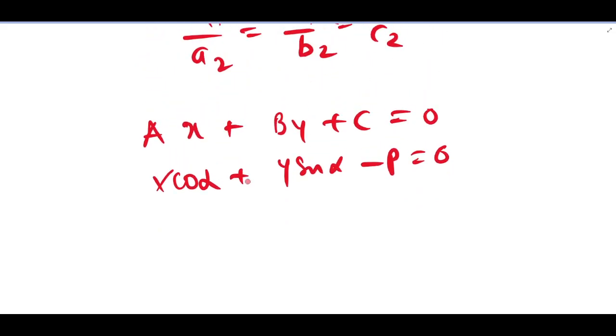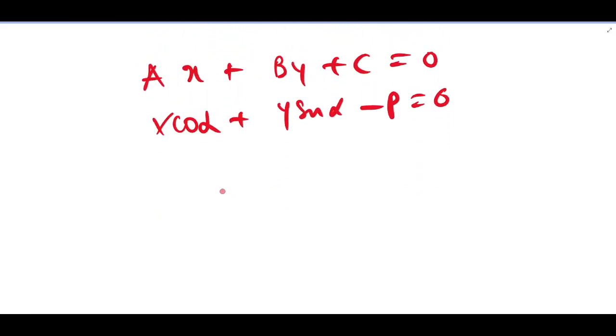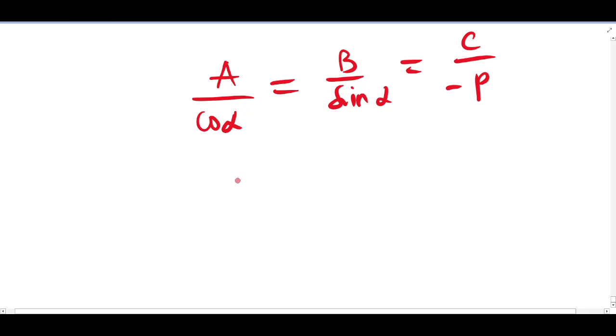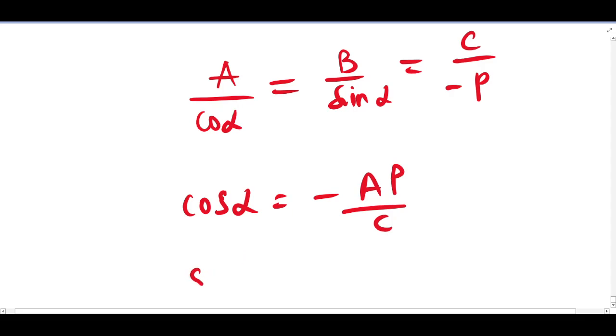From the above condition, we can get a by cos alpha is equal to b by sin alpha is equal to c by minus p. So we can write cos alpha as minus ap by c and sin alpha as minus bp by c.